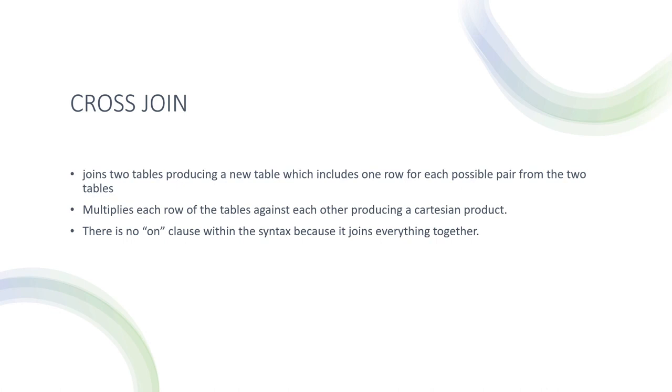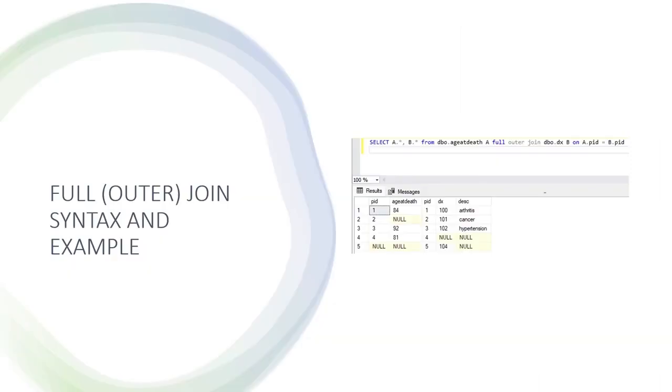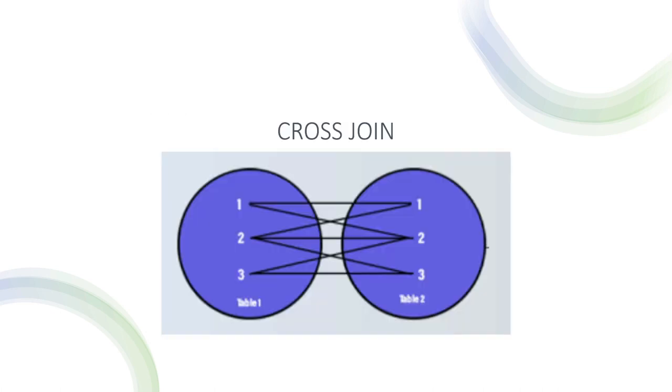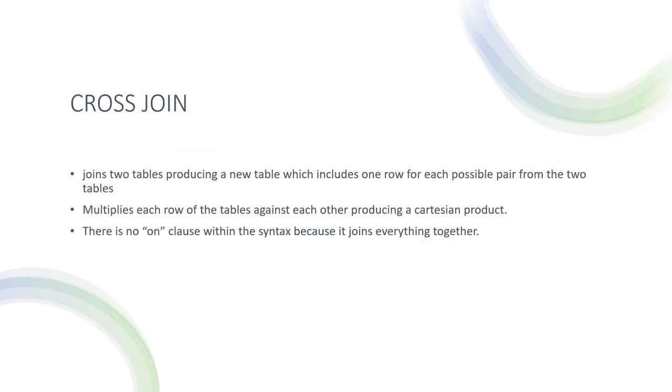For the syntax, in the other join commands you use the on clause, whereas with the cross join, you're using a where instead. And it is multiplying each row of the tables against each other, producing a new, bigger table.